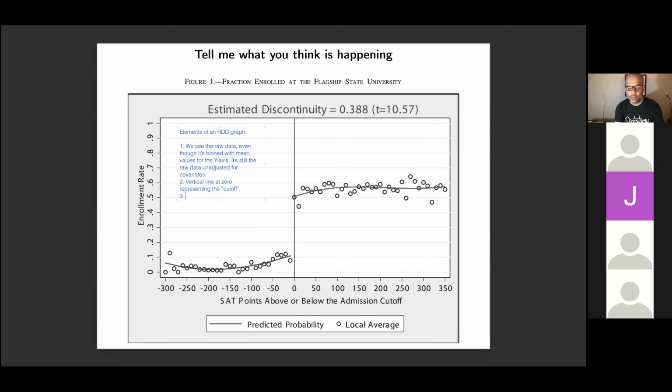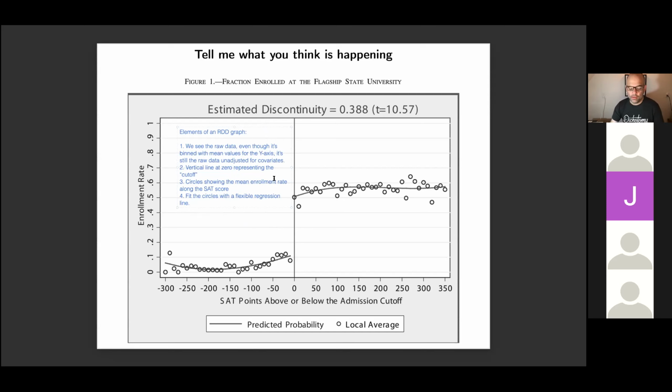Three, we're going to see circles showing the mean enrollment rate along the SAT score. And four, we're going to fit the circles with a flexible regression line. Okay, that's what we're going to do.